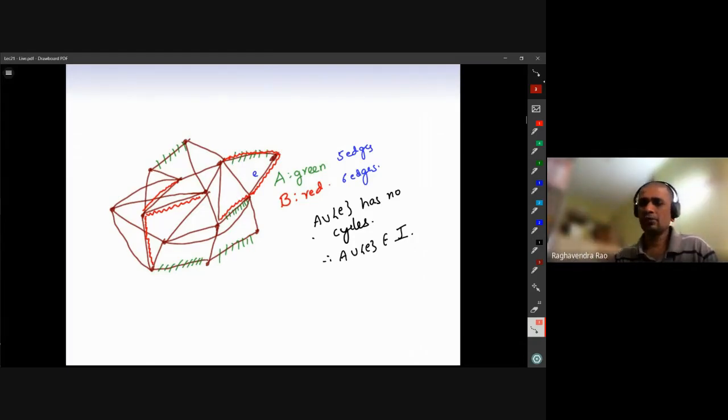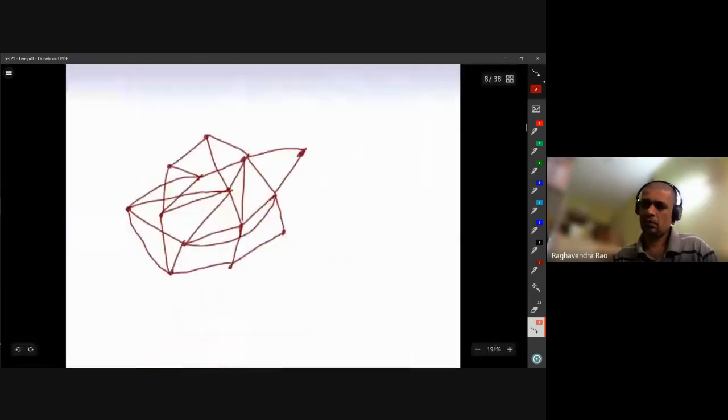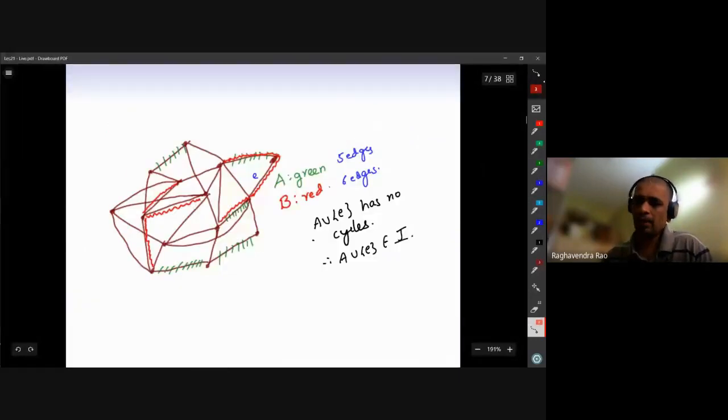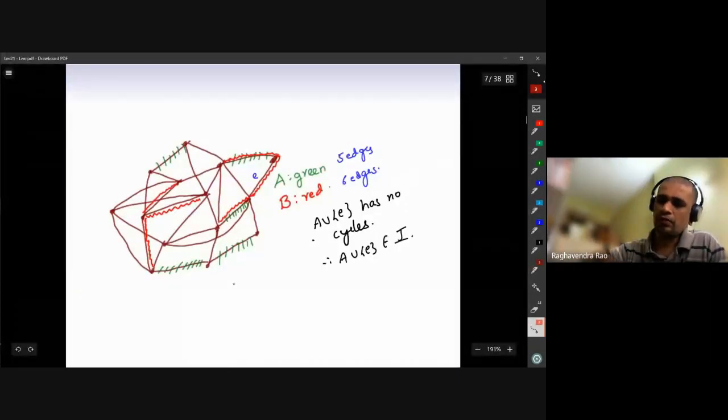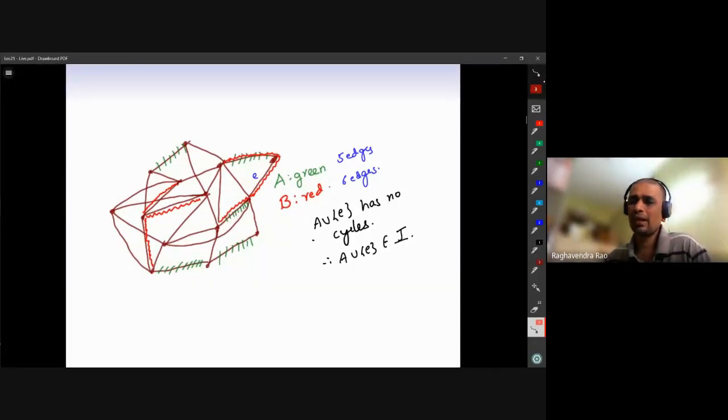So in general, let's try to understand why this worked. Let's try to build something adversarial. What would have been the problem? Any edge in B which is not present in A, if I add it to A and it forms a cycle, then I'm in trouble, right?